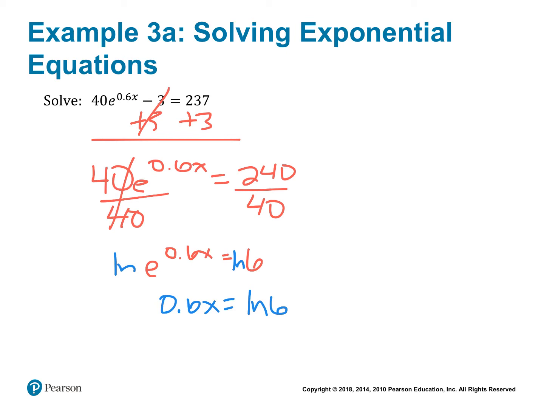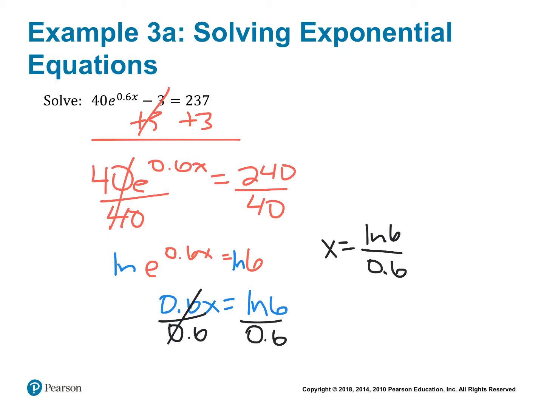Now to finish solving for x, we'll divide by 0.6. So we have x equals the natural log of 6 divided by 0.6.